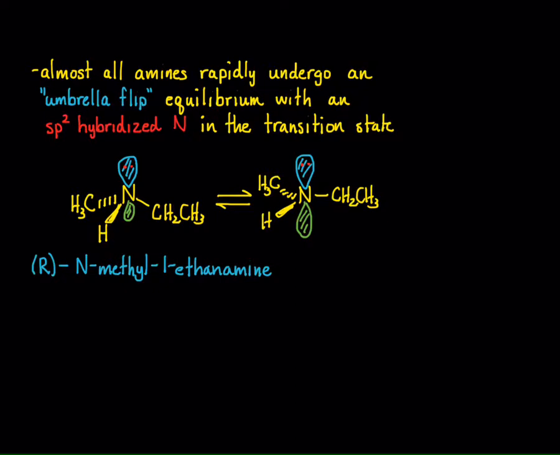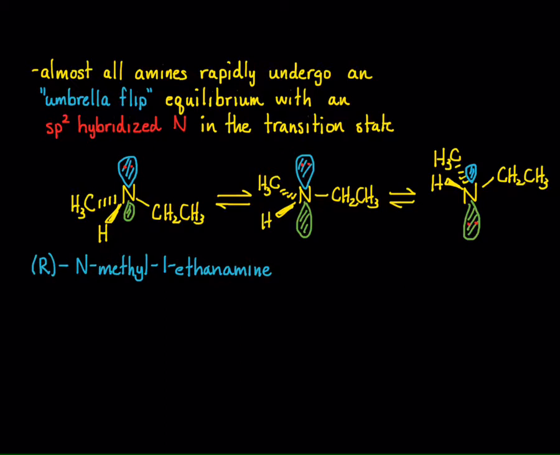Now, this umbrella effect means that the substituents can go from essentially one side to the other side. So now my ethyl group can go up, my methyl group can go up, and my hydrogen can be pushed up, and now I have an sp3 hybridized nitrogen with a lone pair of electrons that are going in the opposite direction.